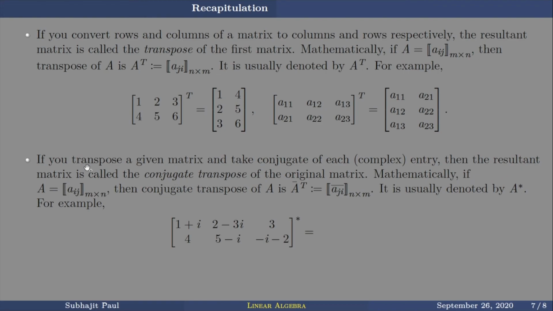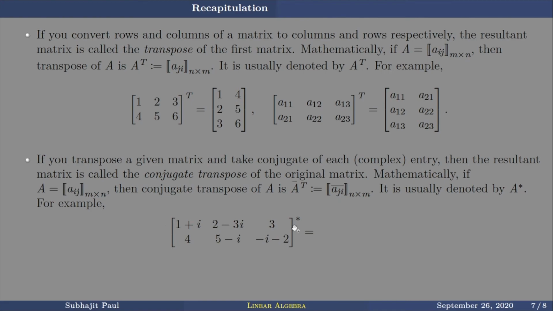So mathematically, if Aij is the matrix, then the conjugate transpose is, you take the transpose and then the conjugate. It is usually denoted by A star. A bar is for conjugate, and you can do conjugate and then transpose, or the other way as well. You transpose and then take the bar, both are the same. It is denoted by A star.